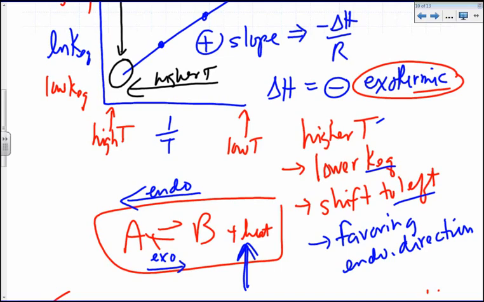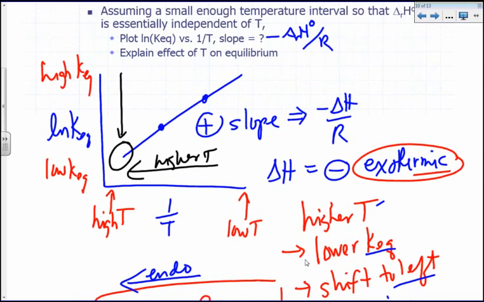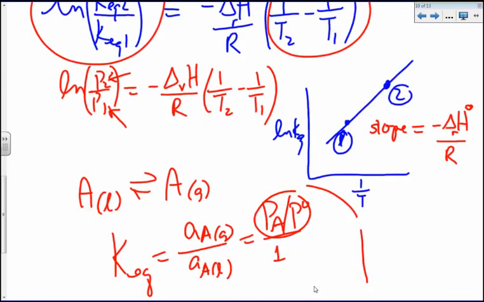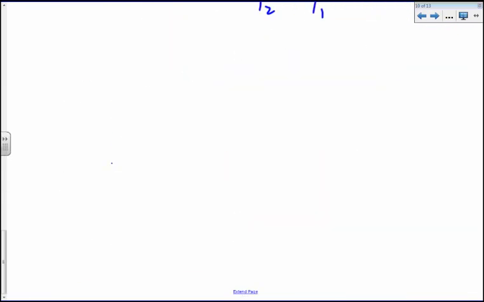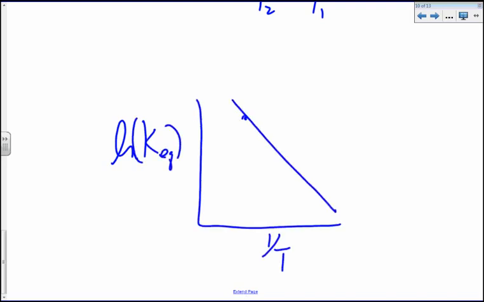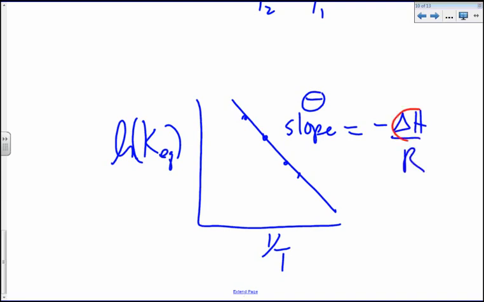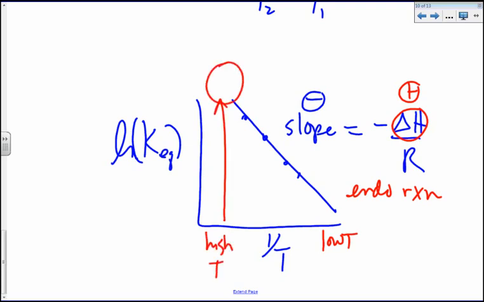Now, you should be able to make a similar argument if the slope was negative. If a plot of natural log of KEQ versus 1 over T has a negative slope, equal to negative delta H over R, then your delta H must be positive, so you have an endothermic reaction. At low temperature over here and high temperature here, at high temperature you have high KEQ.